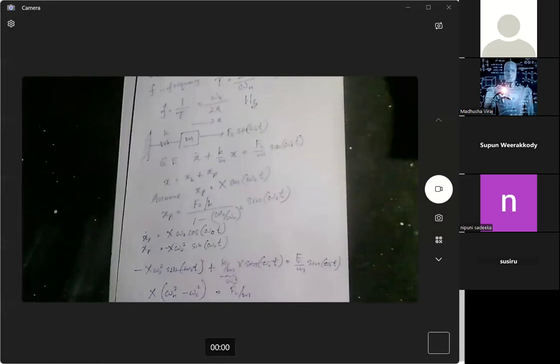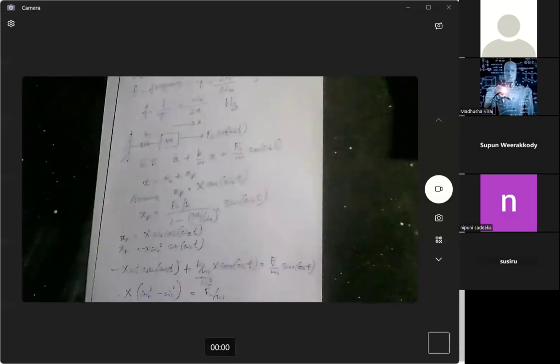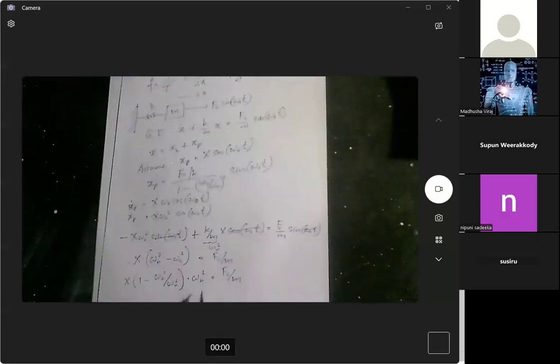Then I am going to divide this one with omega n squared. Right? When I do that, 1 minus omega naught squared over omega n squared, since I divide it, we have to multiply it at the outside, omega n squared. Then this one is k over m.